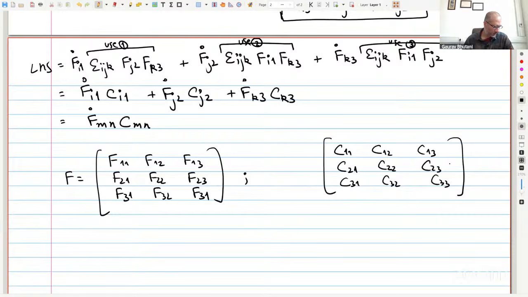So this is something we calculate first, where we calculate the cofactor determinant corresponding to each element, and we form a matrix out of it, right?